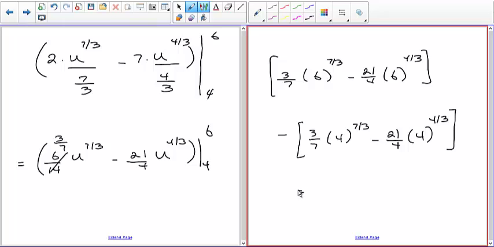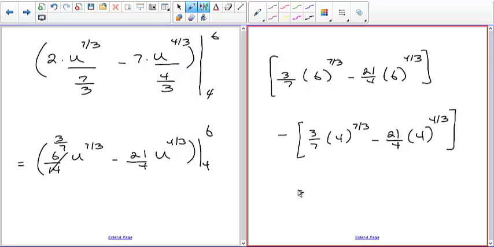And I said to do it as decimals, so we can just plug this in our calculator. 3/7 times 6 raised to the 7/3 power minus 21 divided by 4 times 6 to the 4/3 power minus 3/7 times 4 to the 7/3 power.